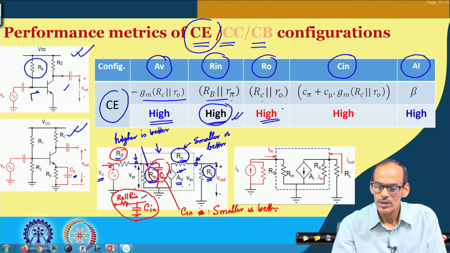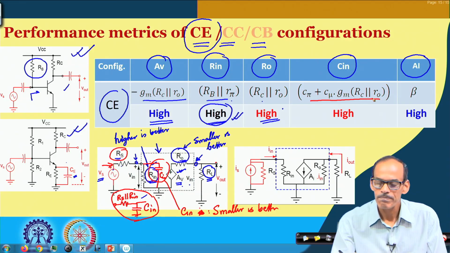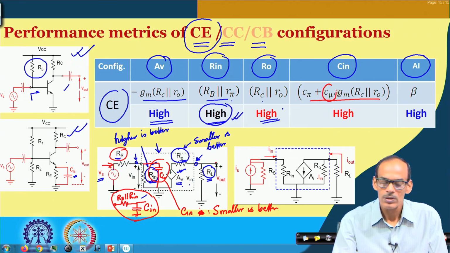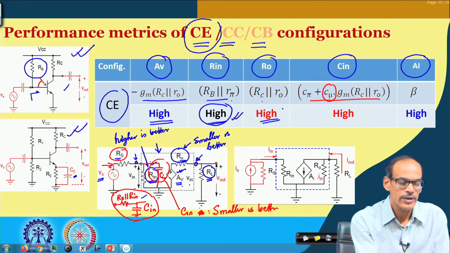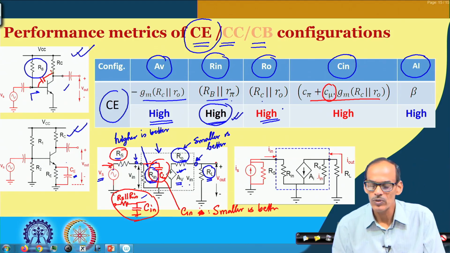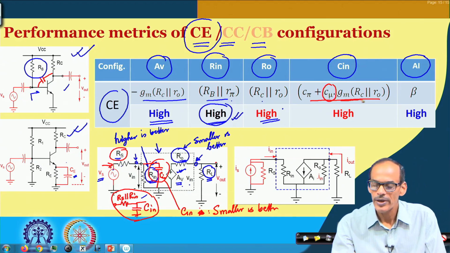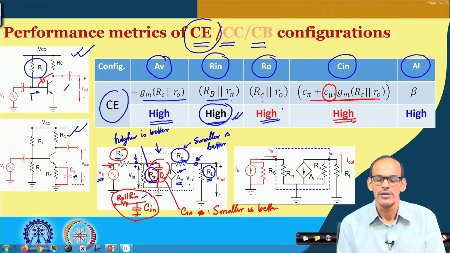So, if you see the expression of the input capacitance of the CE amplifier, C mu, which is the base to collector capacitance, is getting multiplied by the voltage gain, G m into R c in parallel with R naught. As a result, we can say that typically its value is high. Okay.